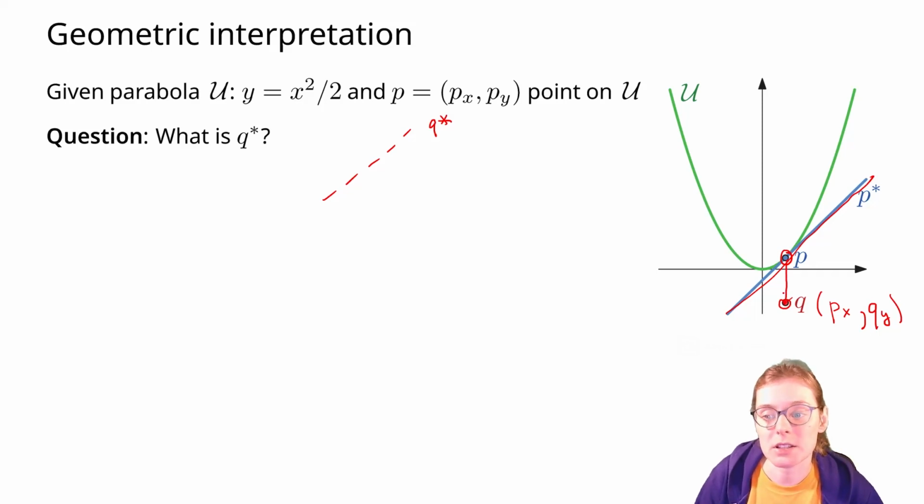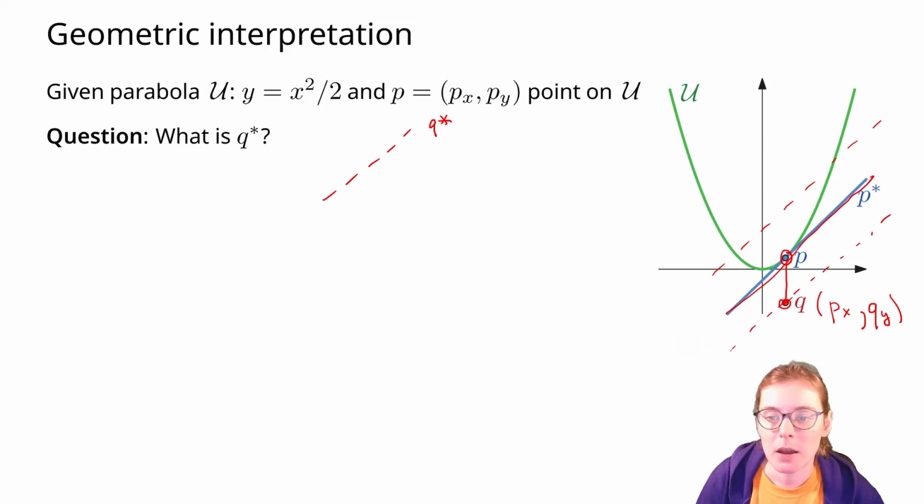So the vertical distance between Q and P star is the same as the vertical distance between P and Q star.